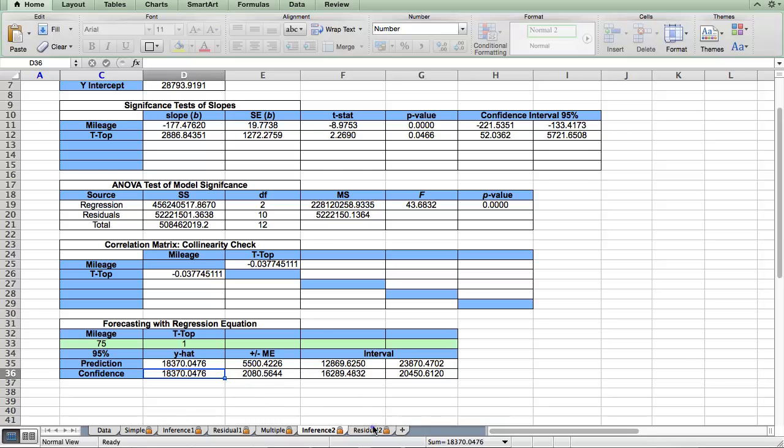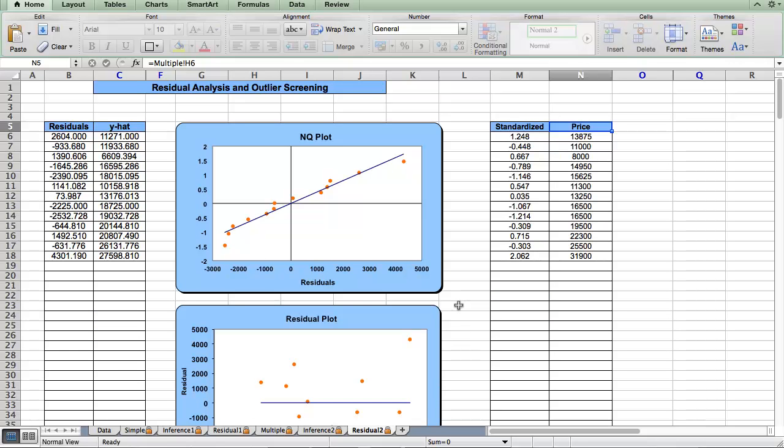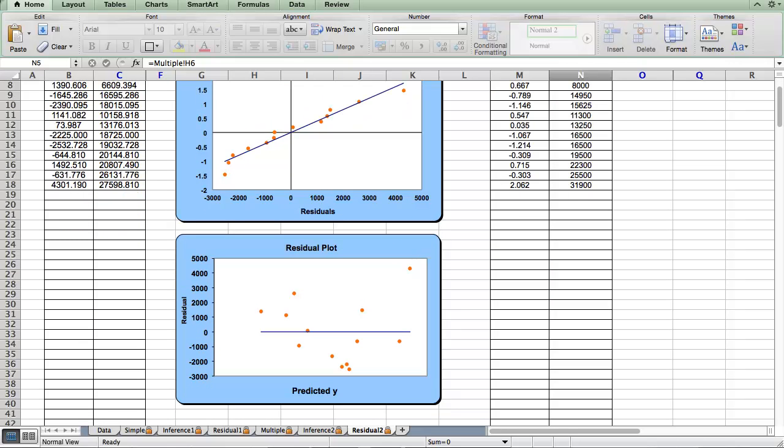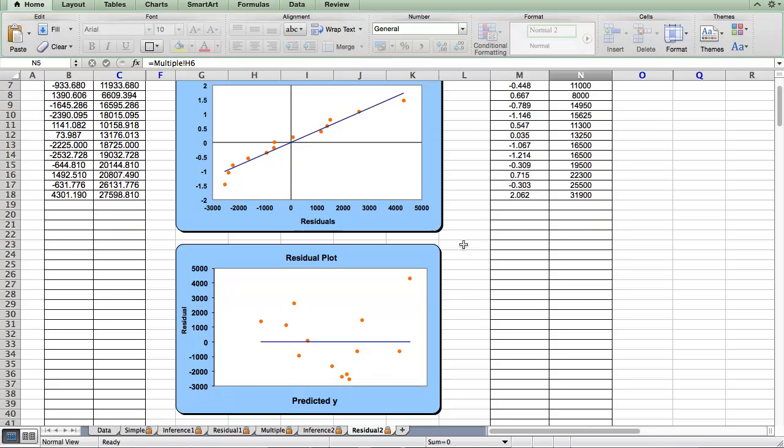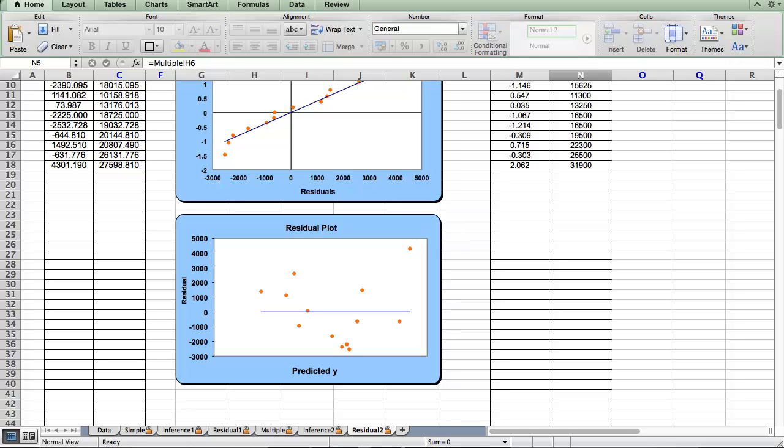Before getting too attached to this model, we would want to consider any strong outliers on our residual plot or any clear drift. Now we do have one rather large residual here that we can see.